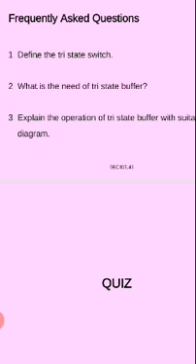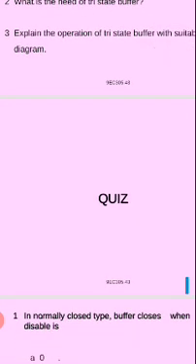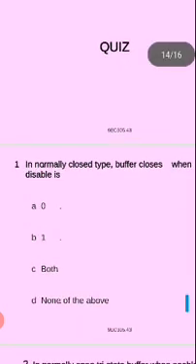Quiz. We go for discussion of some quiz points. In normally closed type buffer, the buffer closes when disable is?